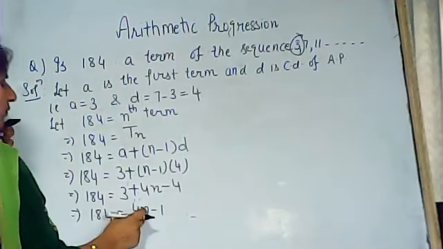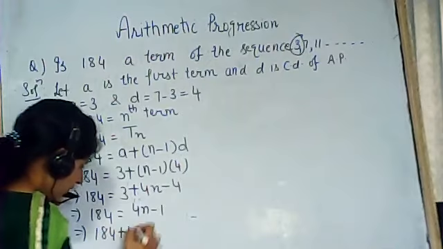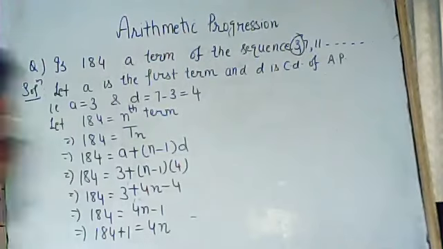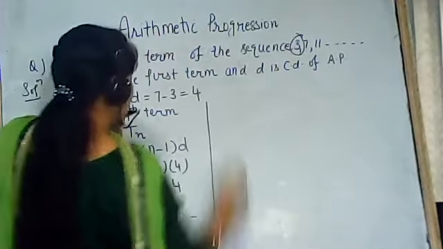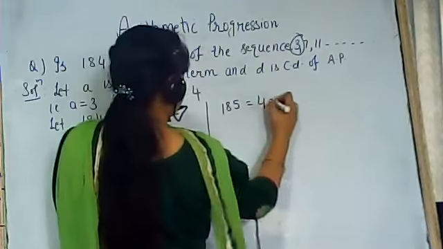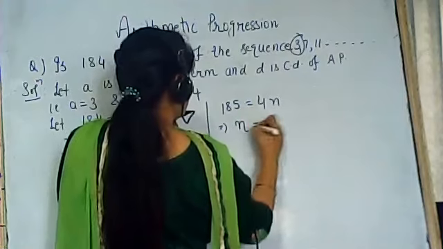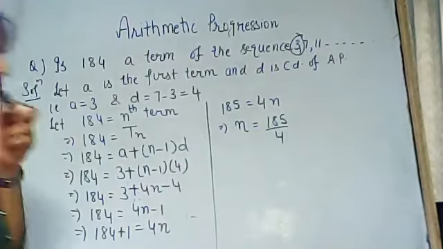Now since we want to calculate the value of n, take the constant term on the left hand side and the term with the variable on the right hand side. So 184 plus 1 is equal to 185, and the right hand side is equal to 4n. So the value of n is equal to 185 divided by 4.